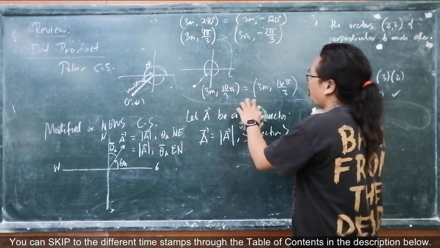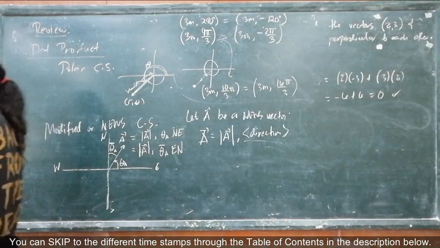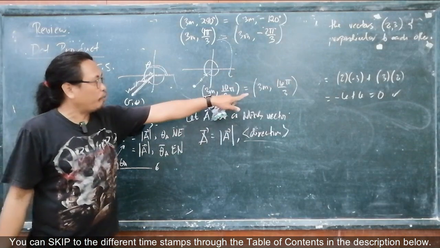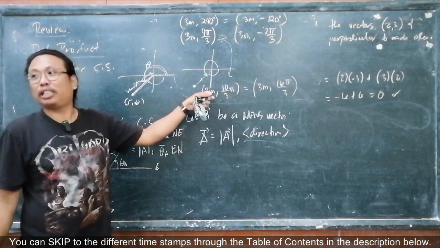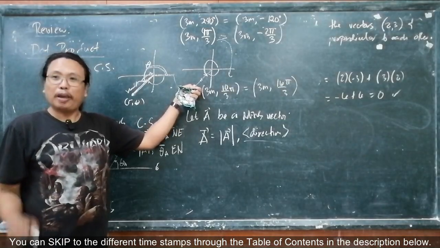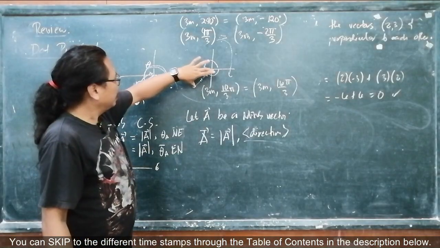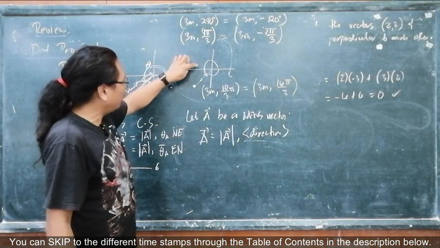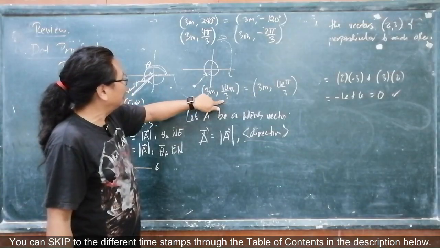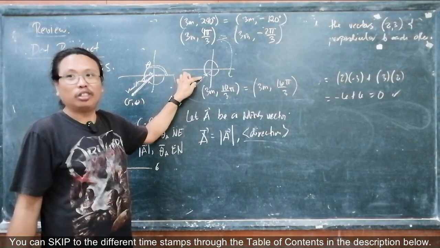But of course, who would name a vector this way? What I'm saying is that in the standard polar, these will refer to the same point, but there is a difference. This one has rotated only once, while this one has rotated more, so there's rotation.